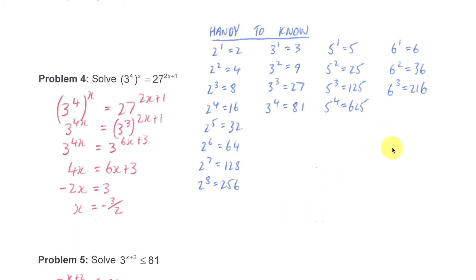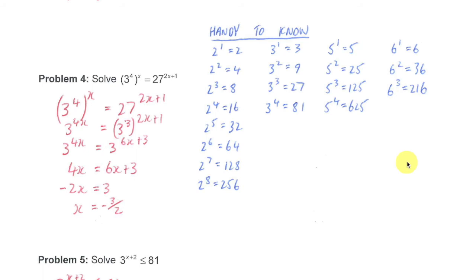We don't need to be able to work out what 6 to the power of 10 is, but it's not unreasonable to evaluate what 2 to the power of 8 is. You can see I'm just doubling. I'm multiplying by 3, multiplying by 5, multiplying by 6. So this 6 to the power of 3 equaling 216, that comes up a bit as well. So it is handy to know this stuff here.